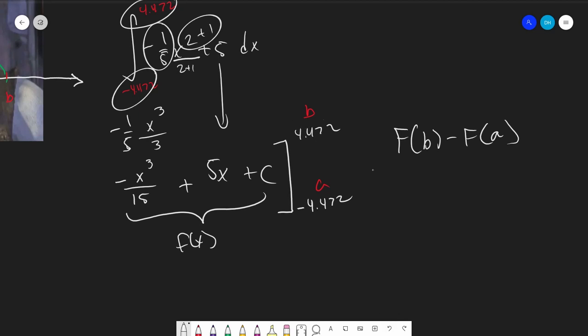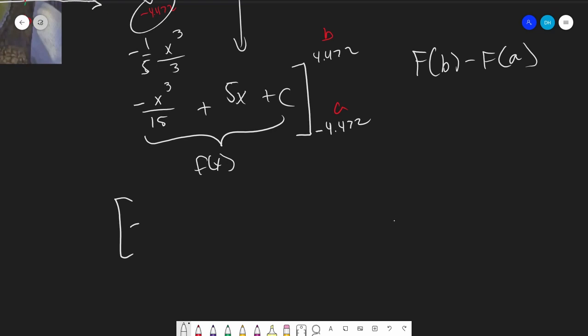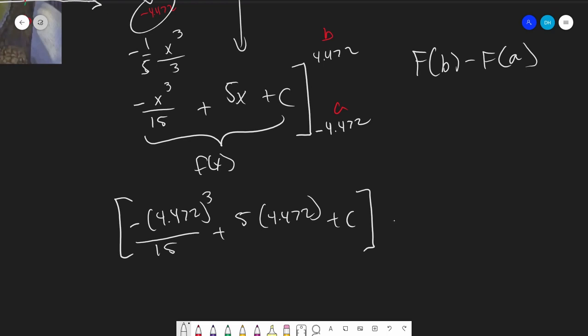So for f of b, we're just plugging in our number b into our function. Our function is negative 4.472 cubed divided by 15 plus 5 times 4.472, plus c, minus.